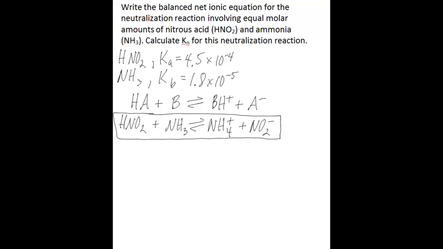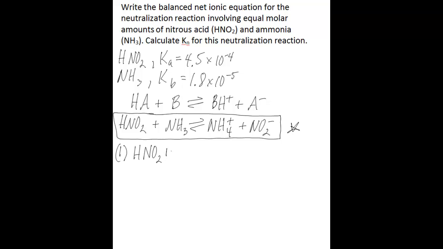Now to find Kn, you need to multiply known equilibrium constants for reactions that add up to the given net ionic equation that we just found. For weak acid, weak base type neutralizations, there are usually 3 reactions with known equilibrium constants that we need to deal with here. The first one is the reaction for proton transfer from the weak acid to water.